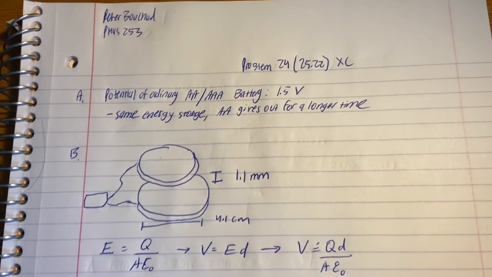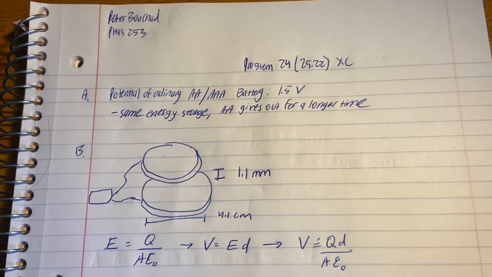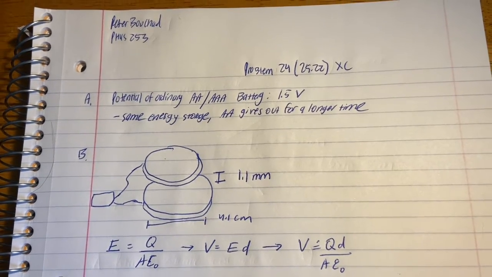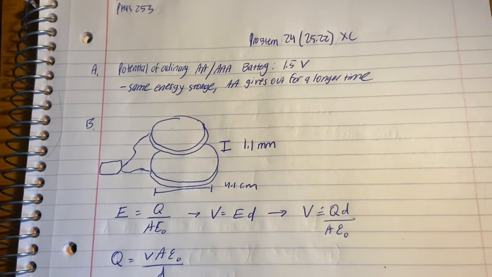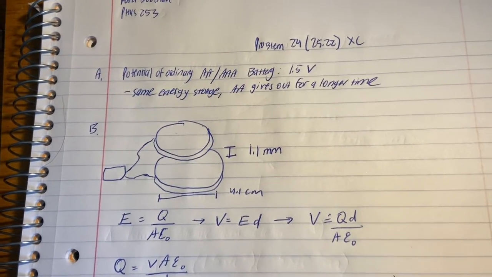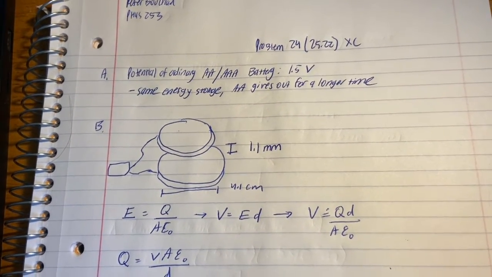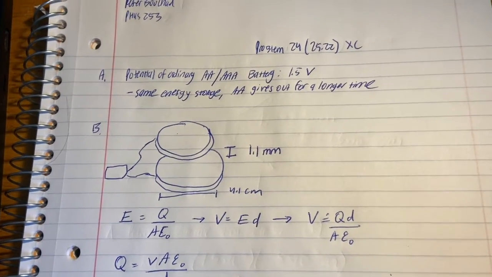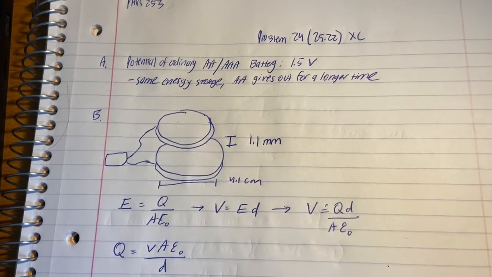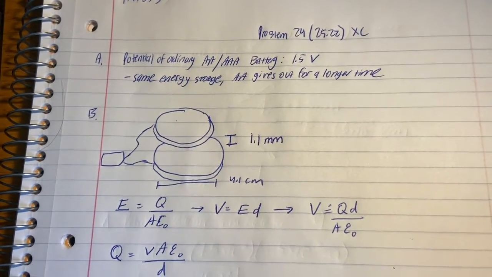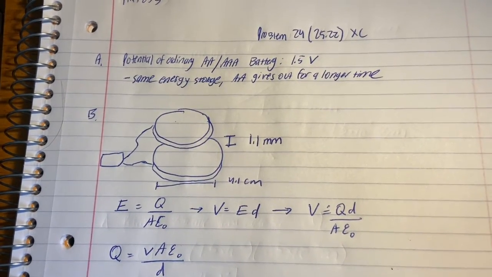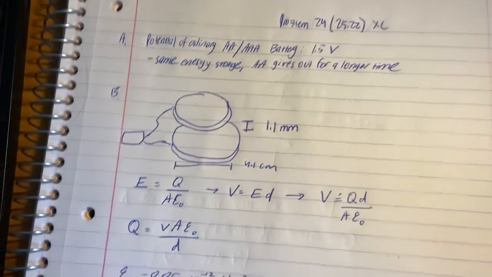First, a couple things we know. For the electric field, we can get that by E equals Q over A, the area, times epsilon naught. And we also know that for the potential, we can do the electric field times the distance, in this case the distance between the two plates.